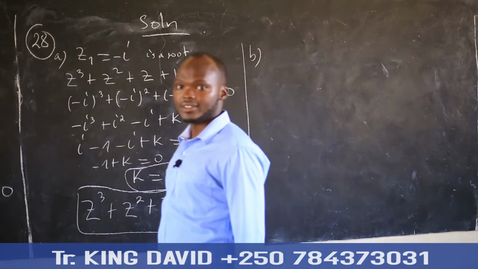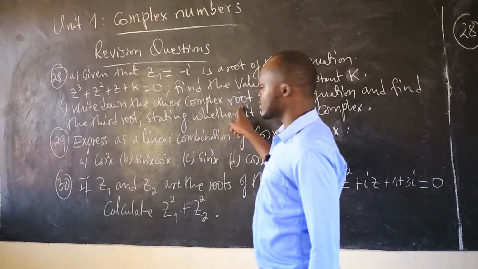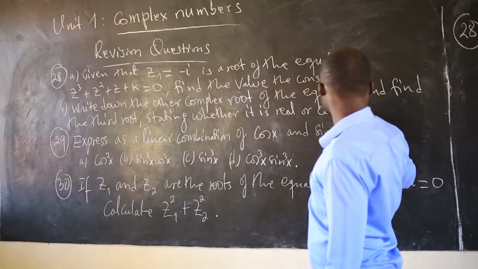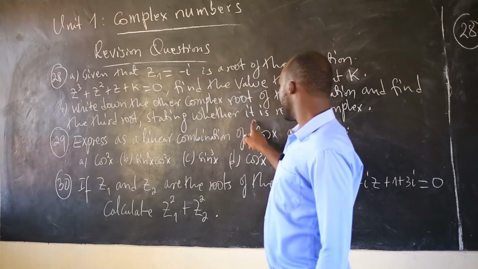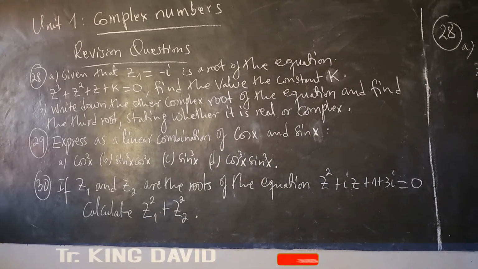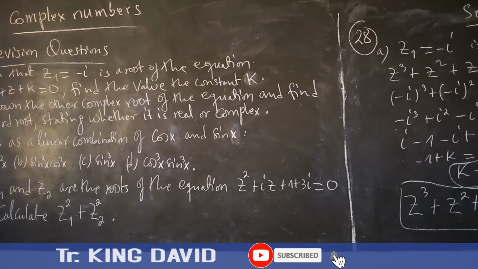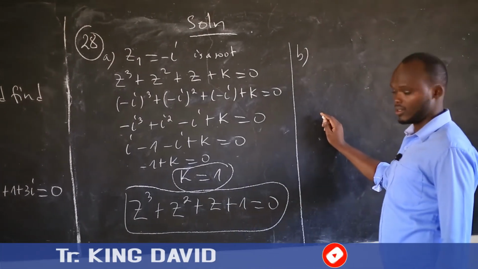28b is saying, write down the other complex roots of the equation and find the third root, stating whether it is real or complex. We have to state if the third root of this equation is a real root or a complex root.